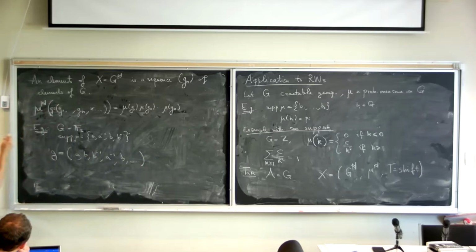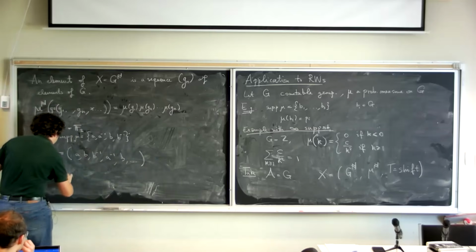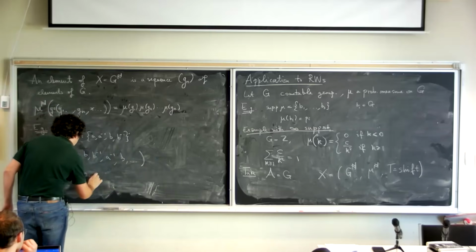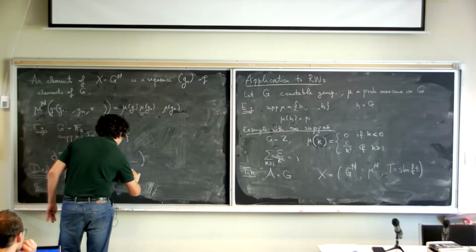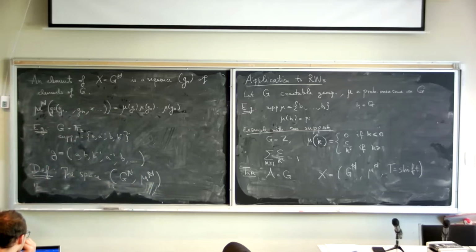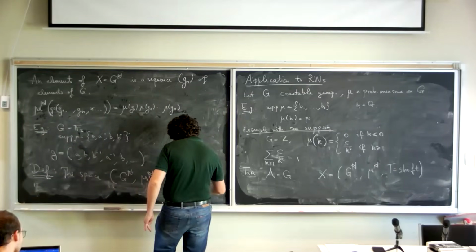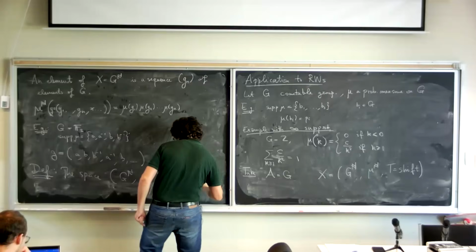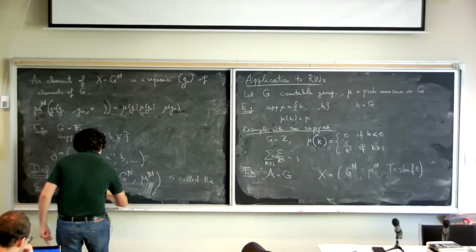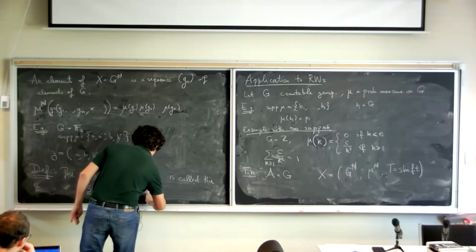In fact, the definition, to make sure: the space G^N with this product measure is called the step space of the random walk.